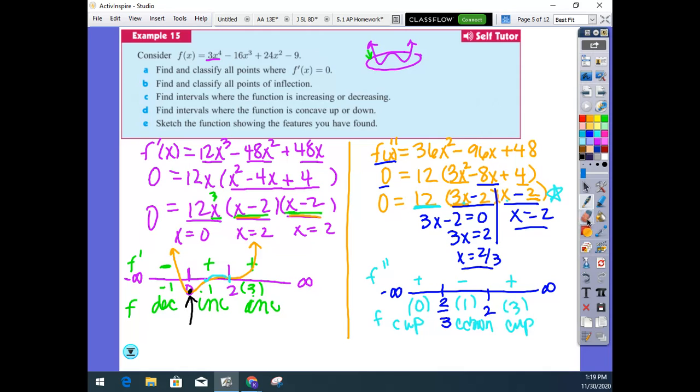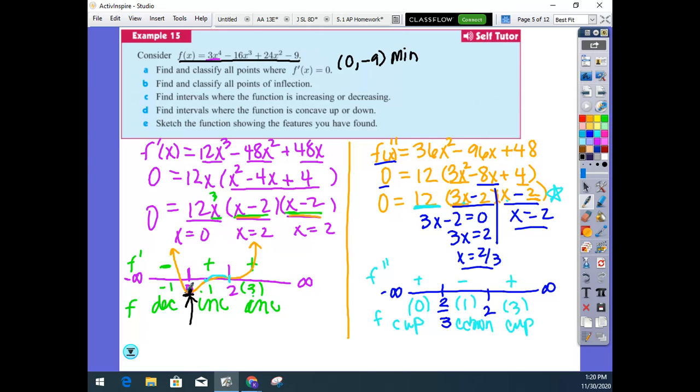So let me come back and erase this. So if I plug 0 into my equation, I get -9. This is going to be a minimum because it's the absolute lowest point on the graph.